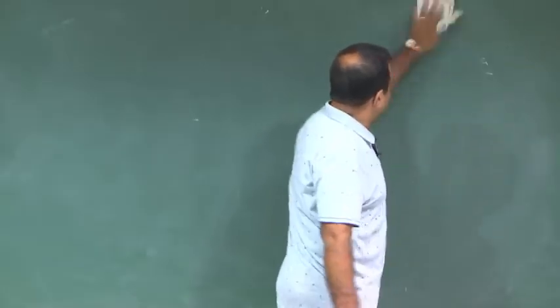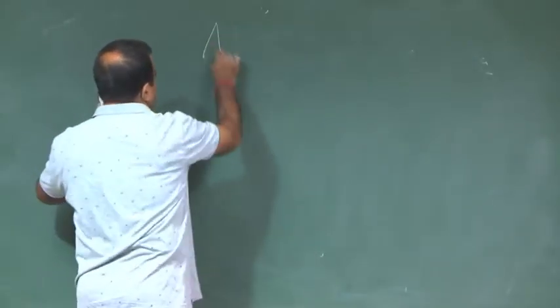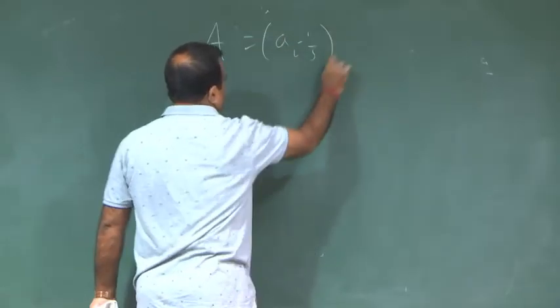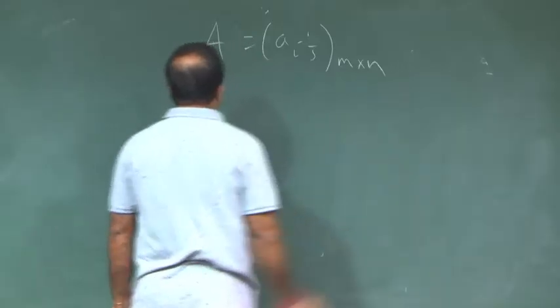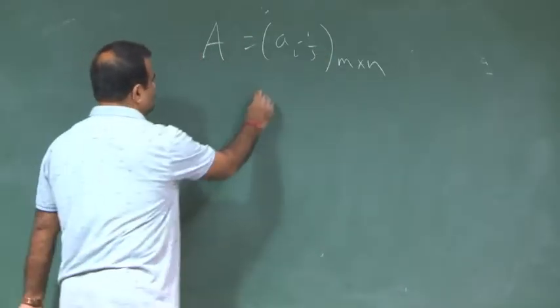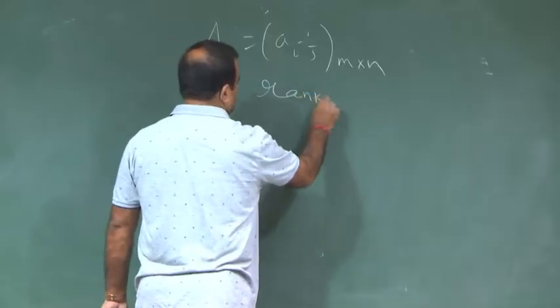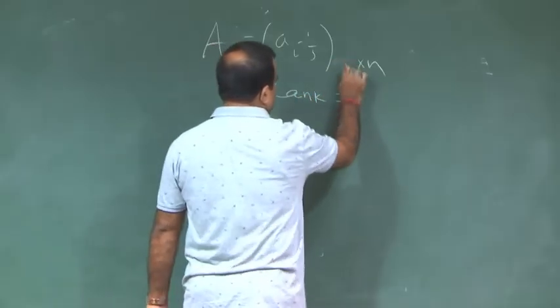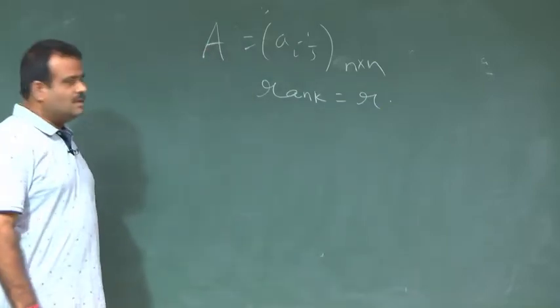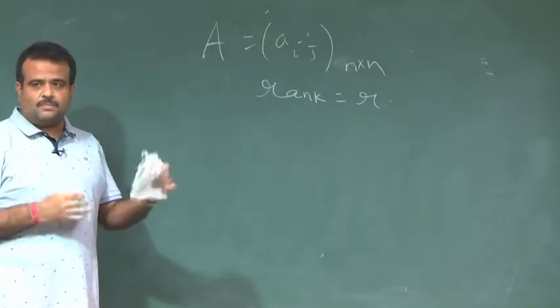So, if we are doing both row and column operations, suppose we have an m by n matrix A, or for simplicity we can take n by n. Suppose the rank of this matrix is r.